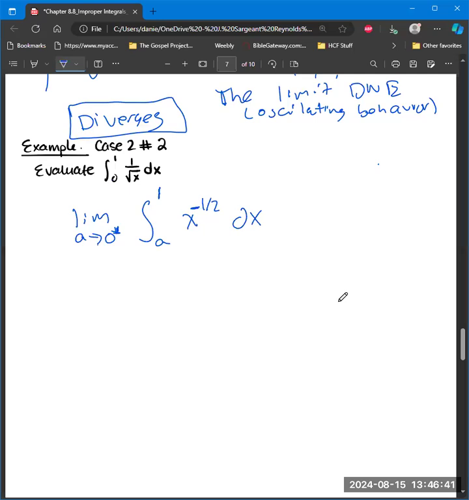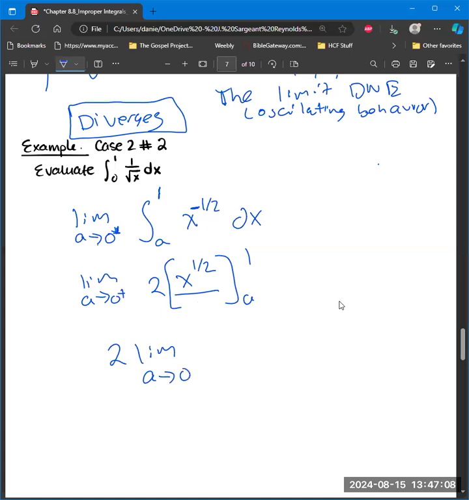And we're going to say that we get the limit of x to the 1/2 over 1/2, or multiply it by 2 there. It's going to go from a to 1. This is 2, limit as a approaches 0 from the right of 1 to the 1/2 minus a to the 1/2.